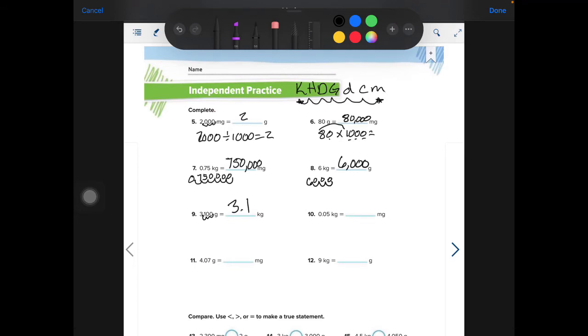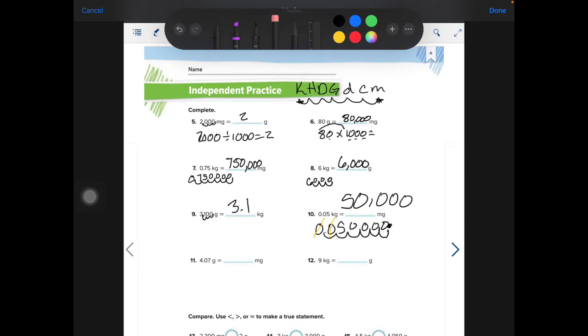So we have 0.05. 1, 2, 3, 4, 5, 6. So we're going to have placeholders there. Now, we really don't need these ones because they don't mean anything. So then we can just say our answer is 50,000 because that's what's left over, 50,000 milligrams. This is our decimal right there.